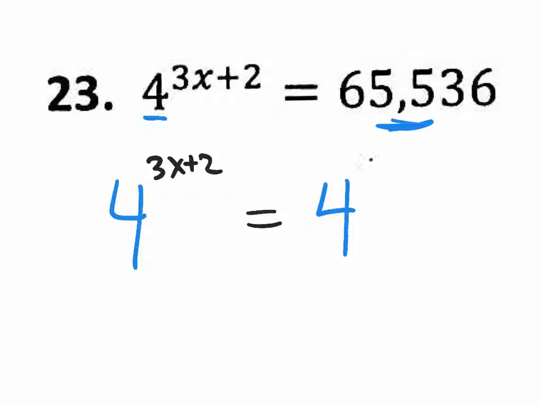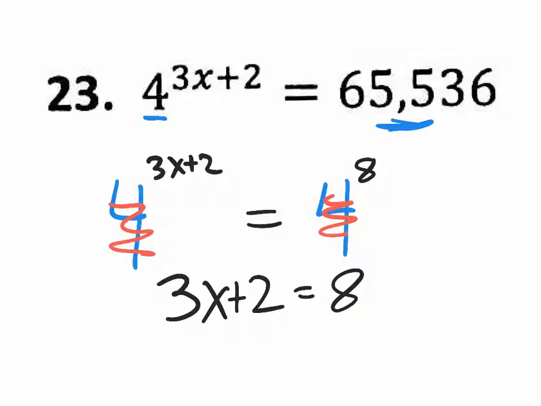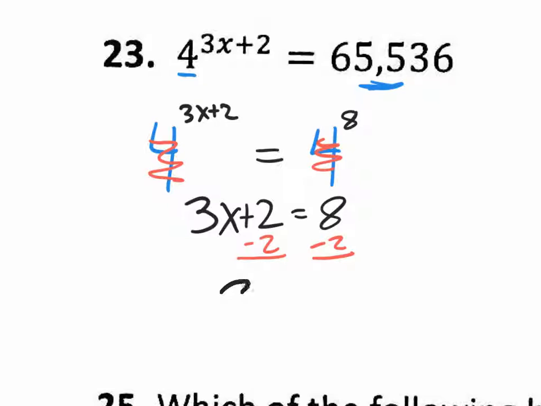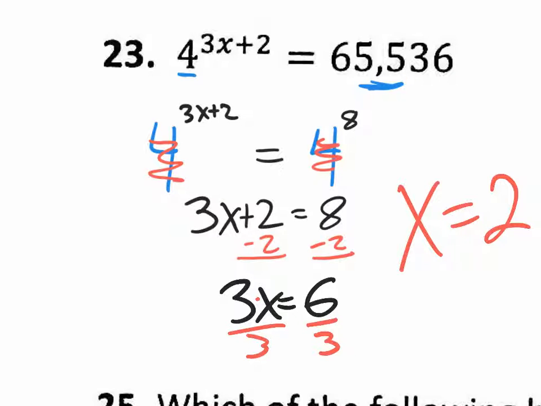So there is an 8th power up here. And now that I have the same base 4, you could scratch them out. Your new equation becomes 3x plus 2 equals 8. You're going to subtract 2 from both sides, and you will get 3x equals what? Equals 6. Final step. Divide by 3. Final answer. X equals 2.